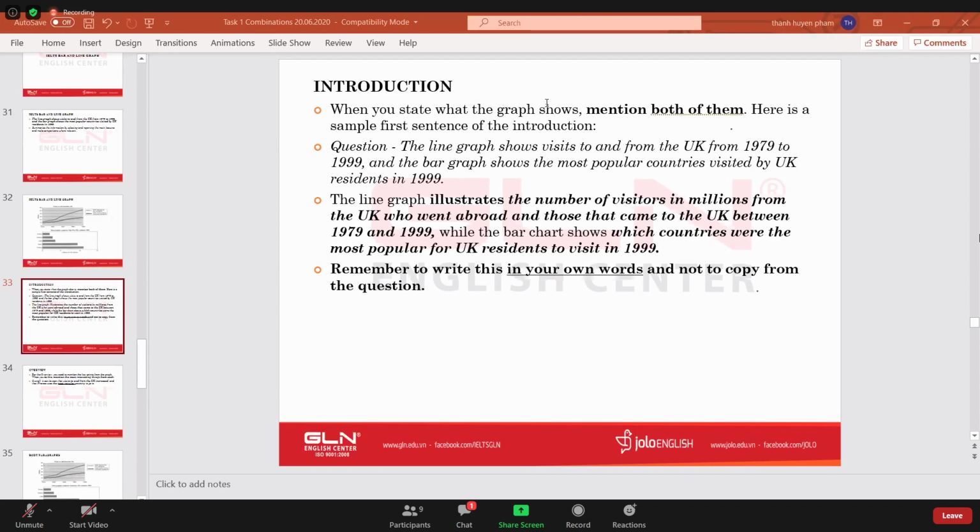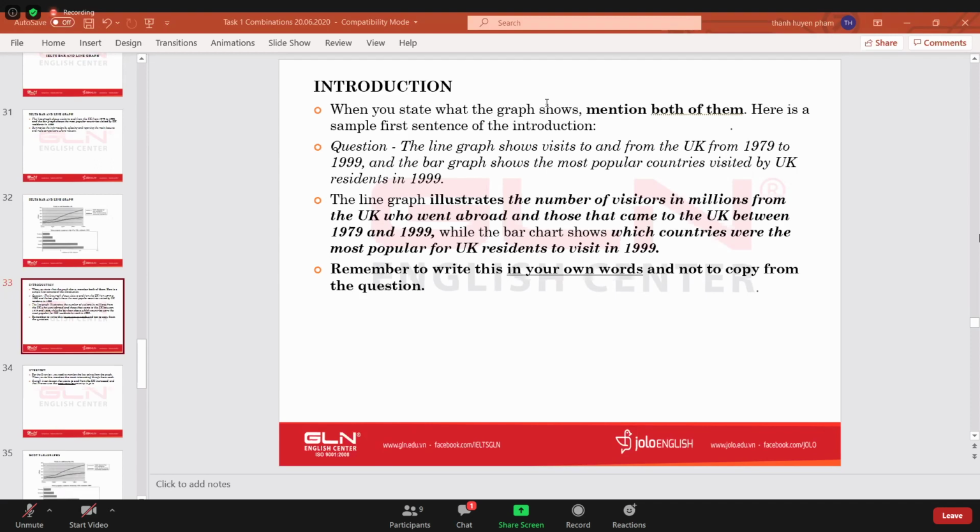So the question says to and from the UK, and we have put from the UK who went abroad, and those who came to the UK. And in the question it has from 1979 to 1999. And here in the example we have between the 2 years, between 1979 and 1999. And then we link it together with while the bar graph shows which countries were the most popular. So the question says the most popular countries.